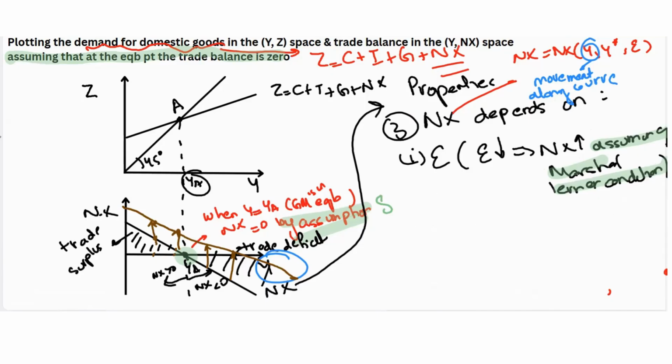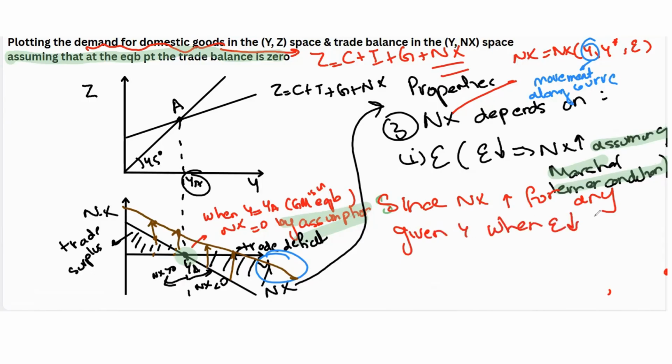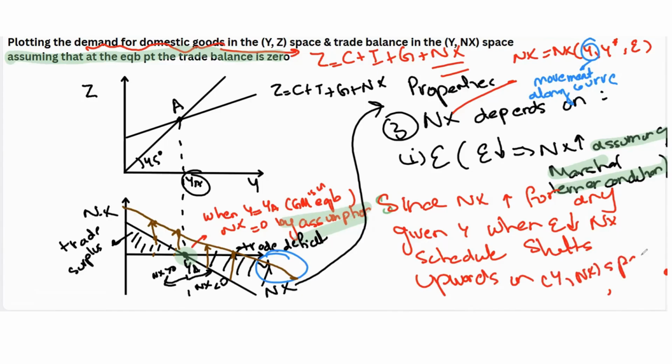Why is this going to happen? Because, since net exports increase for any given y when the real exchange rate decreases, the net export schedule shifts upwards in y-NX space.